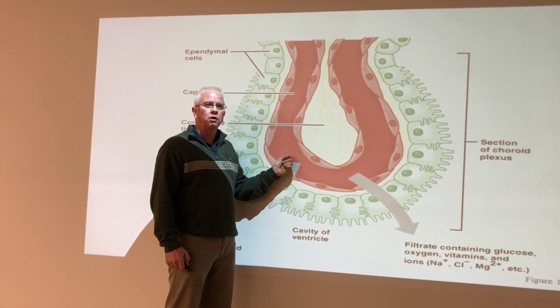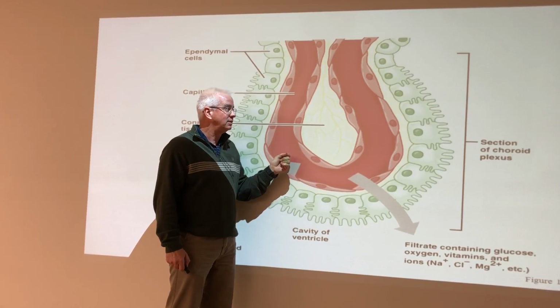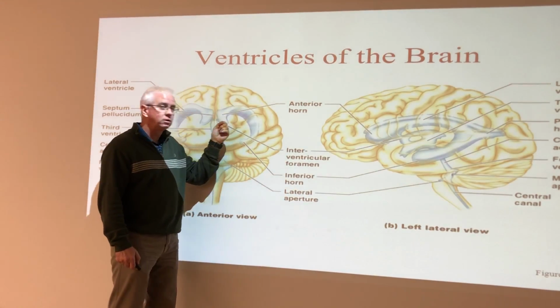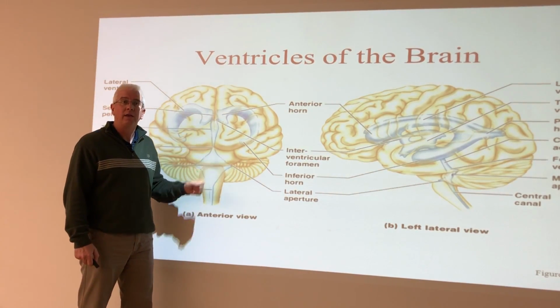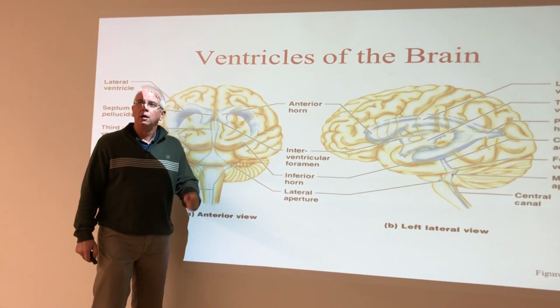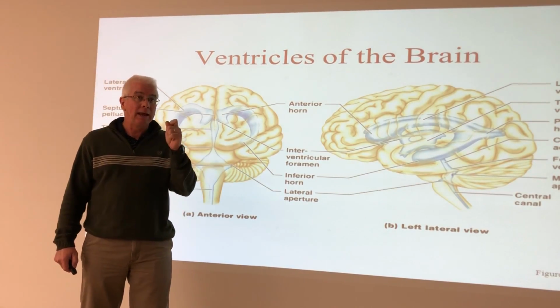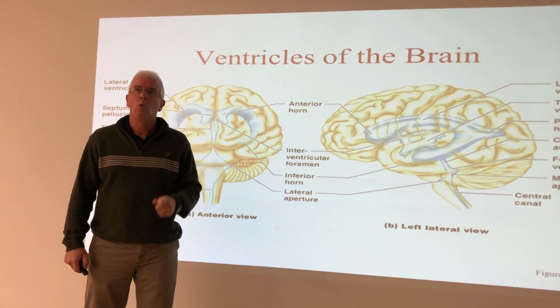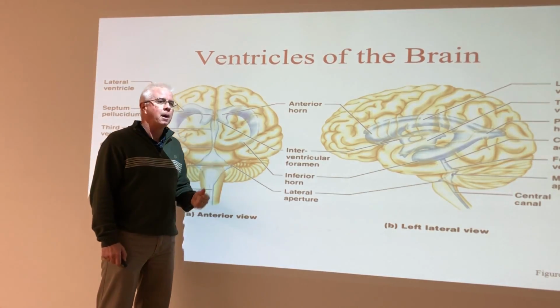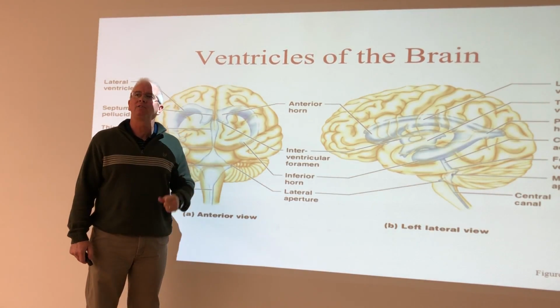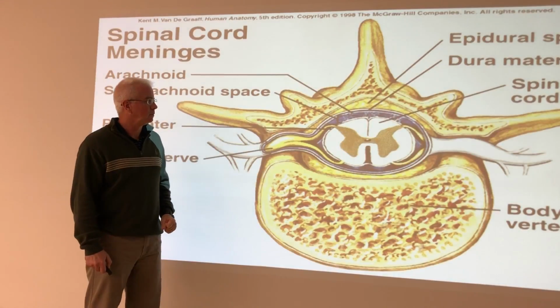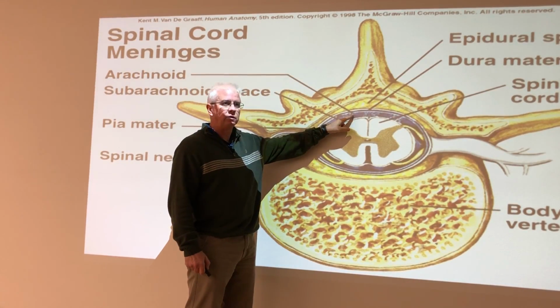And these structures are found in the ventricles. And you can track these things from the lateral to the third to the fourth and into the spinal cord. But there is something that should be glaring to you. When I started the description, my conversation was about cerebrospinal fluid that's in the subarachnoid space.